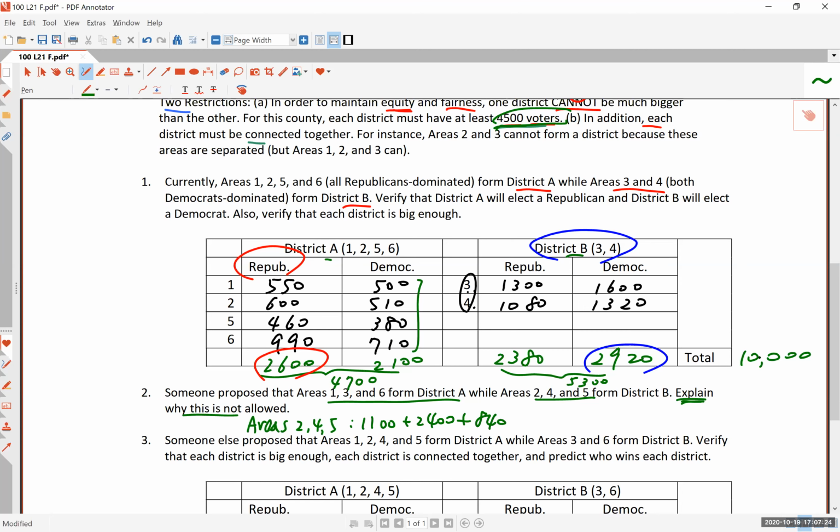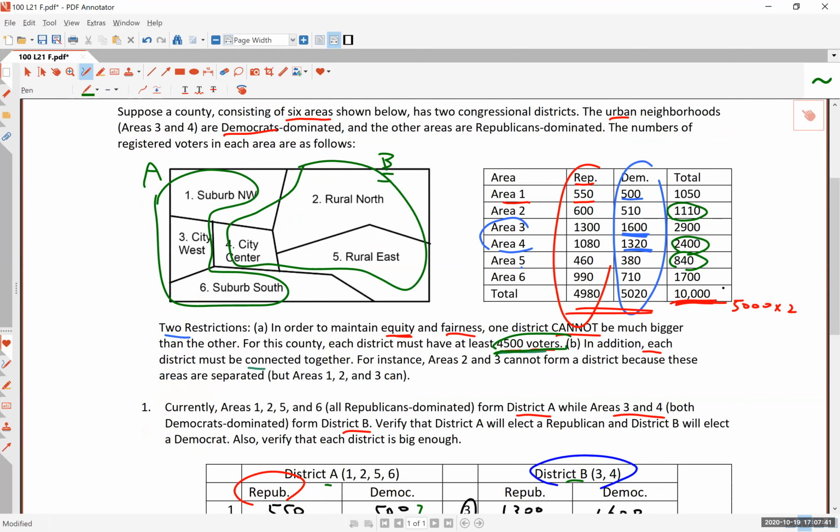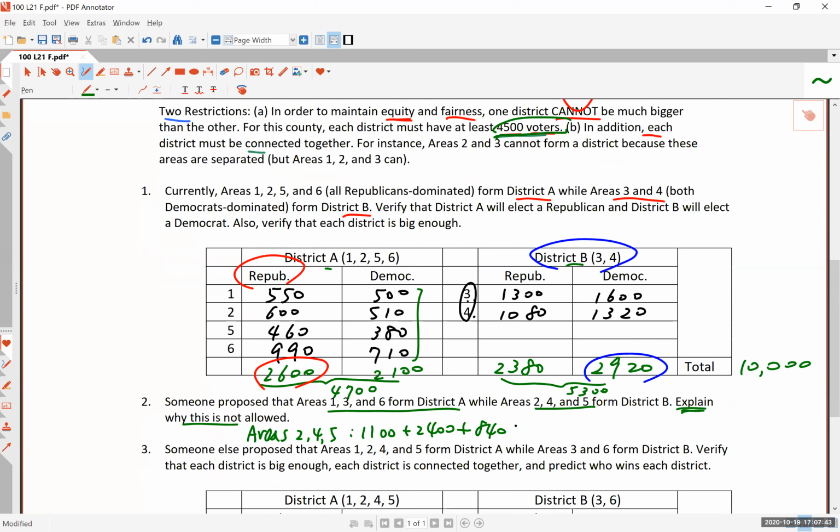These are the numbers you see. Whoops, that's not 245, right? So sorry about that. 245 is not here. 2 is here, and then 4 is here, and 5 is here. So 1,110 plus 2,400 plus 840. If you add these numbers up, you get 4,340 registered voters in area B or District B.